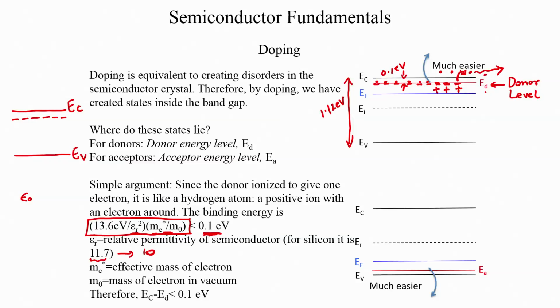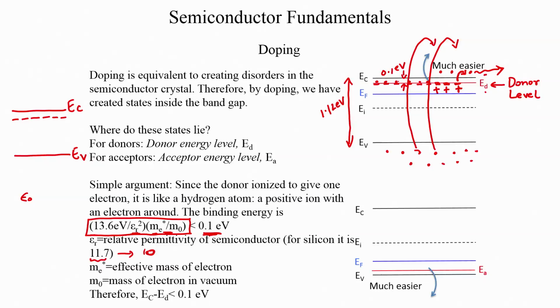So at 300 Kelvin, in the case of pure intrinsic silicon, we can promote about 1e10 per cc electrons from the valence band to the conduction band, and that is across an energy gap of 1.12 electron volt.